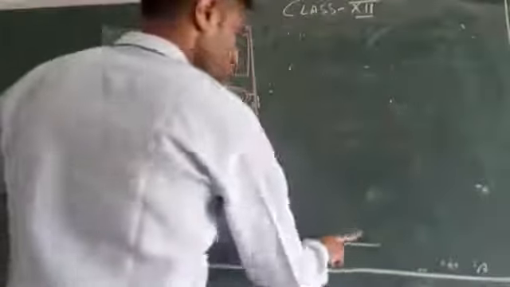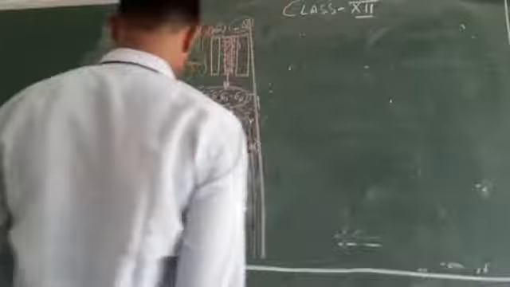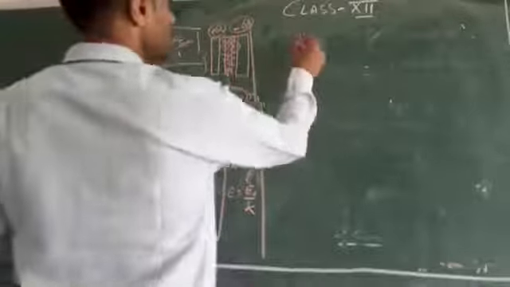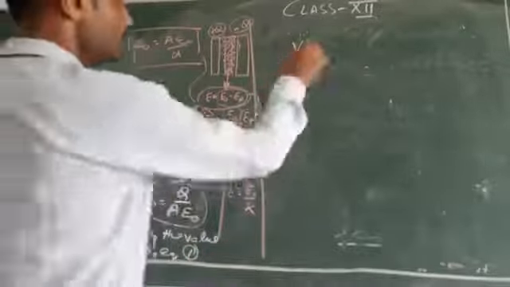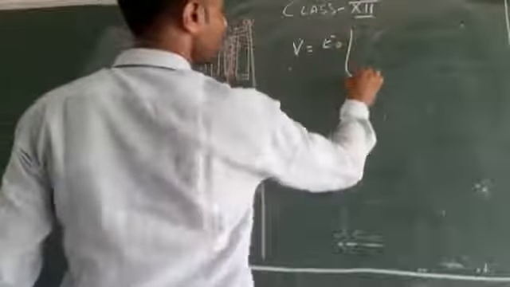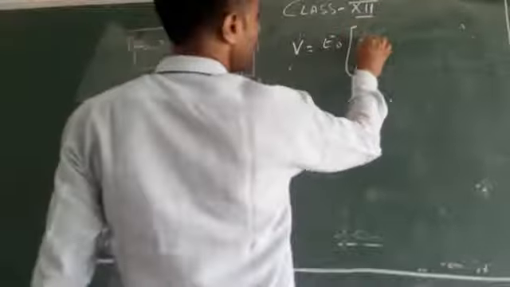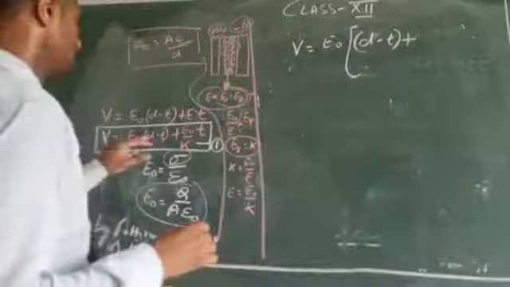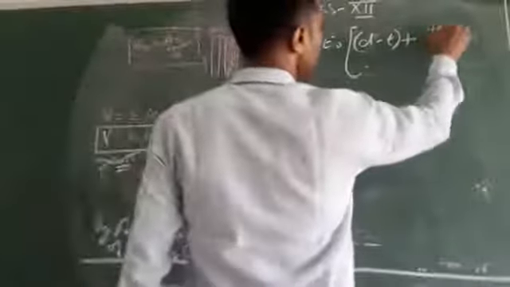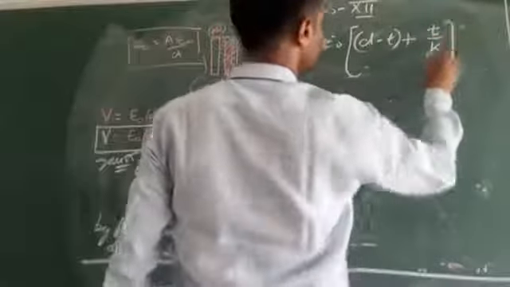Okay, so by putting the value, V equals, we can take E naught common, E naught times (d minus t plus t upon K).